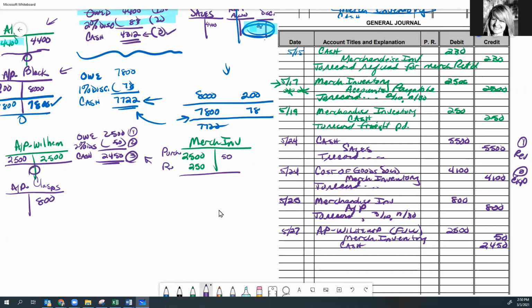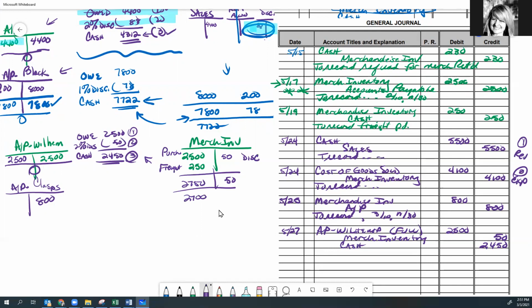I'm sorry, wait, oh no, that was our freight. That was our freight on the purchase. And then we got to take a discount. And so the cost of that merchandise is, this would be $2,750. We have $2,750 debits here. We have $50 credits here. So that merchandise inventory cost us $2,700.